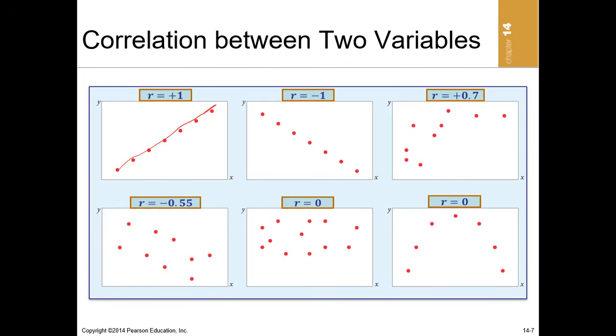In the last one, there is a part that is negative and a part that is positive, and probably they cancel. That is why if you compute the correlation coefficient, the answer is 0.